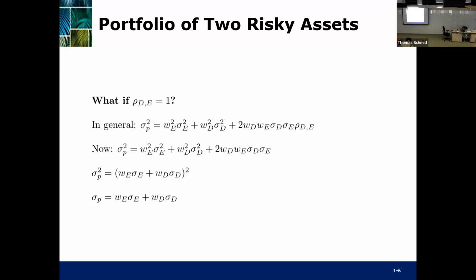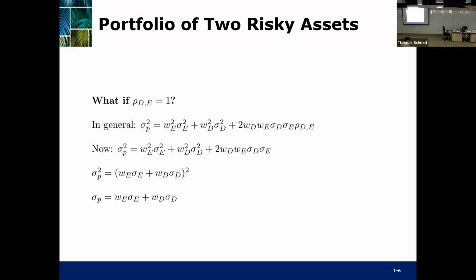And I think sometimes people get confused because if you look at the portfolio variance formula, it seems like there is an additional term in addition to the weighted average or something. But this is a misperception. This is because of the square terms here. If you really do the calculations, you can see that the weighted average is the upper bound only for the case of a perfect positive correlation.